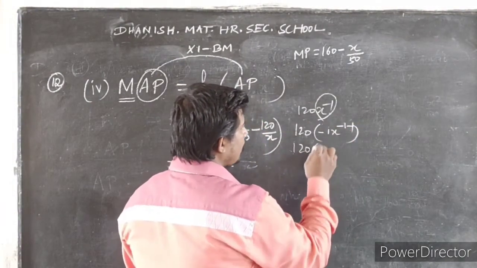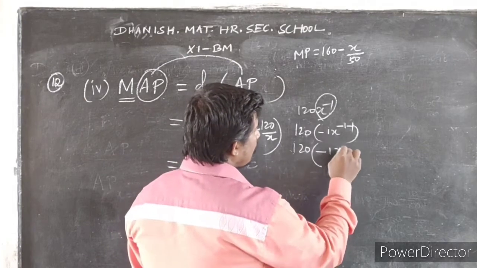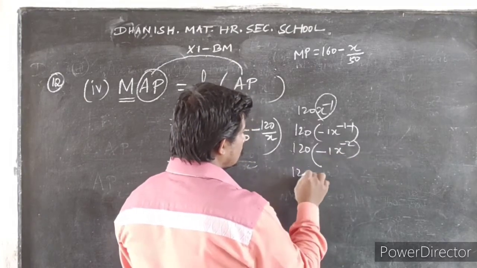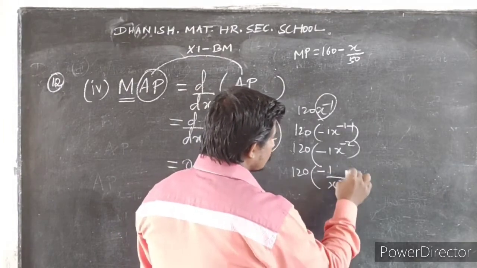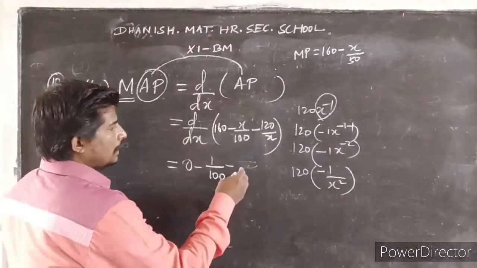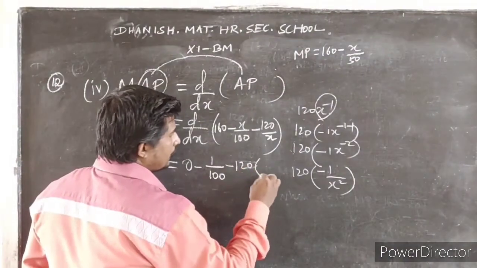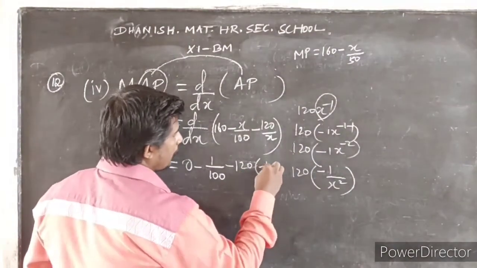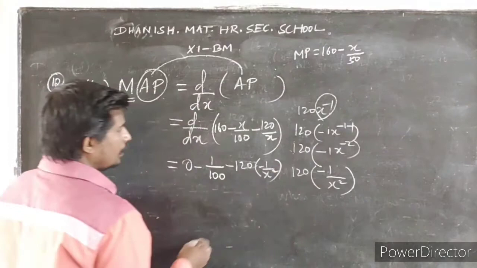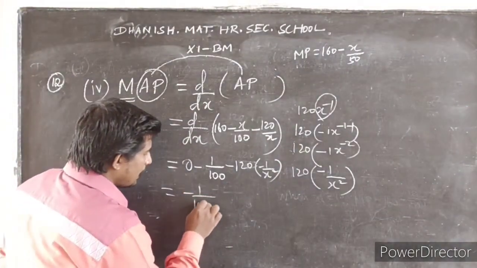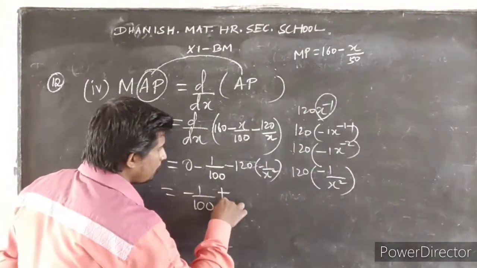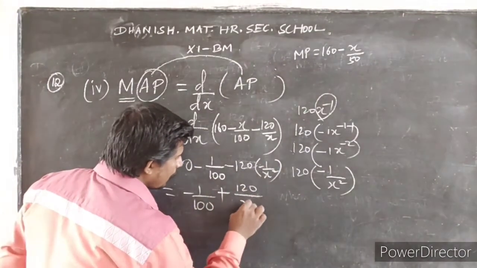So 120 into minus 1 by x square. So minus 120 into minus 1 by x square. So this is equal to minus 1 by 100 plus 120 by x square.